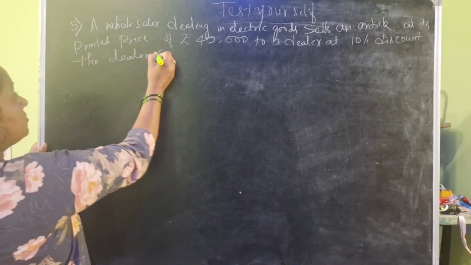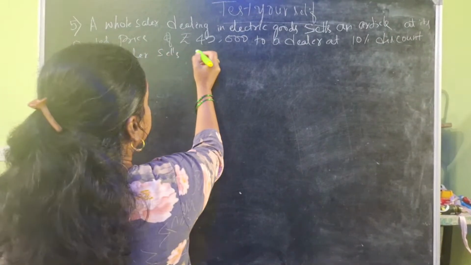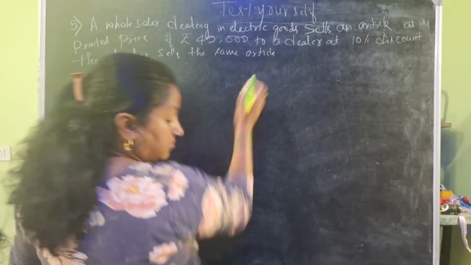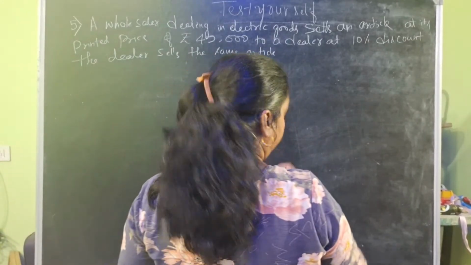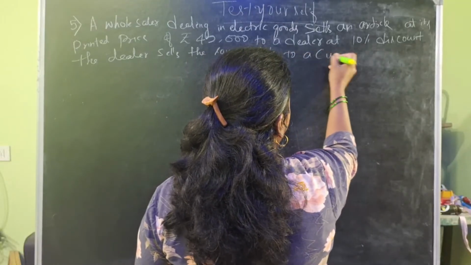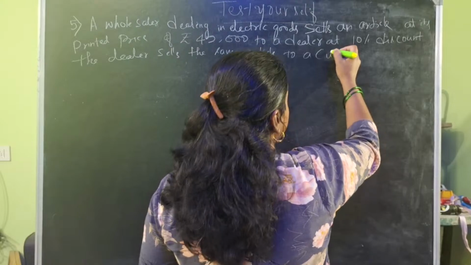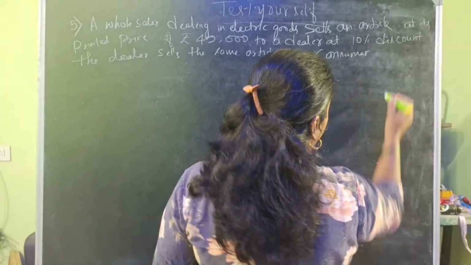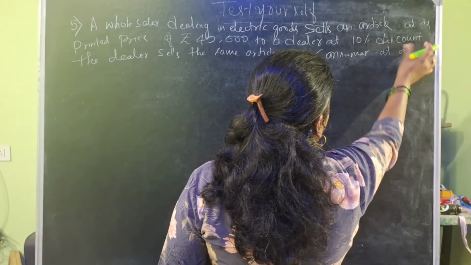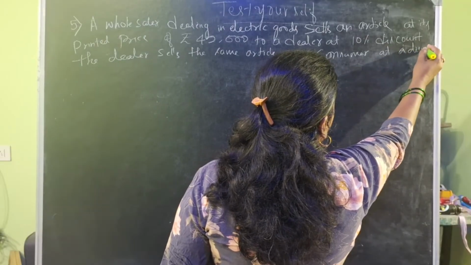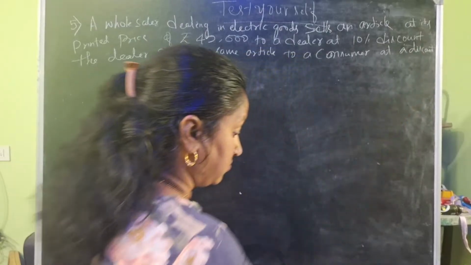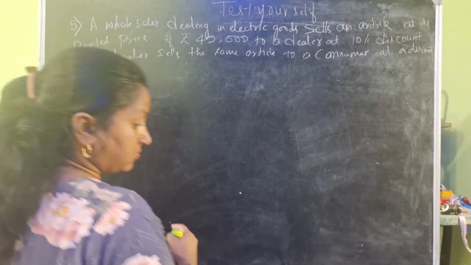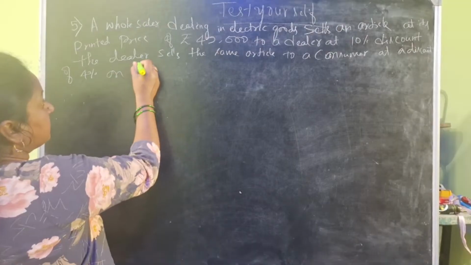The dealer sells the same article to a consumer at a discount of 4% on the printed price.